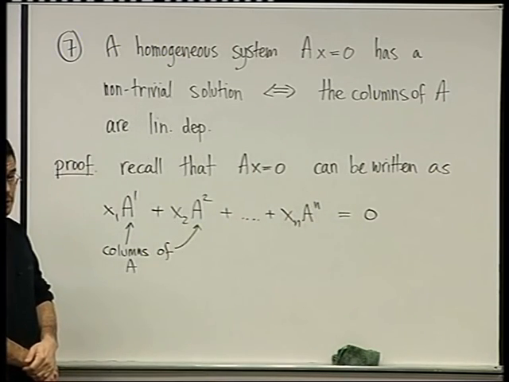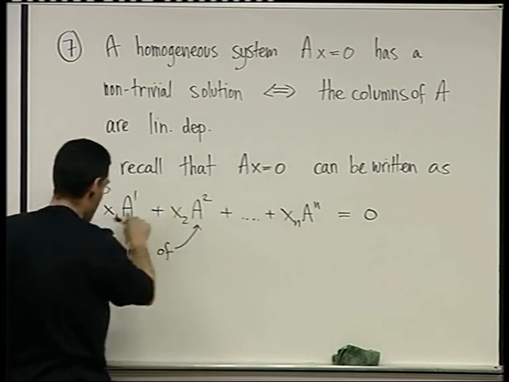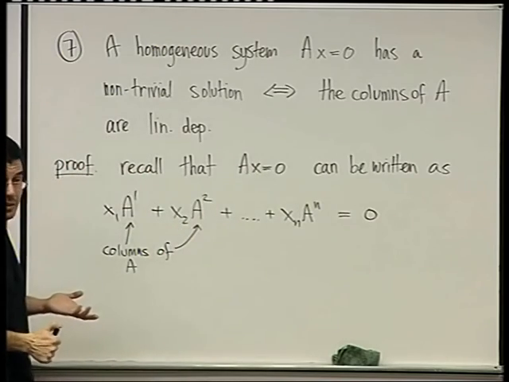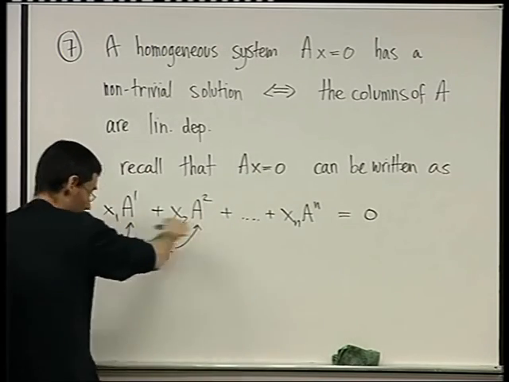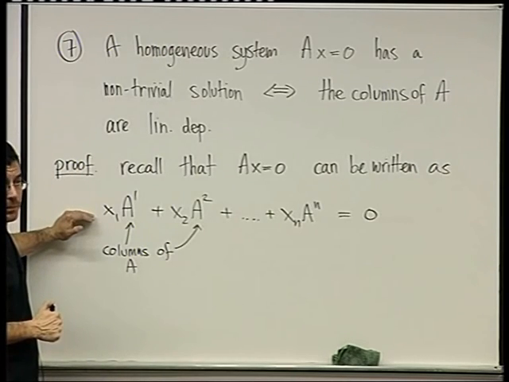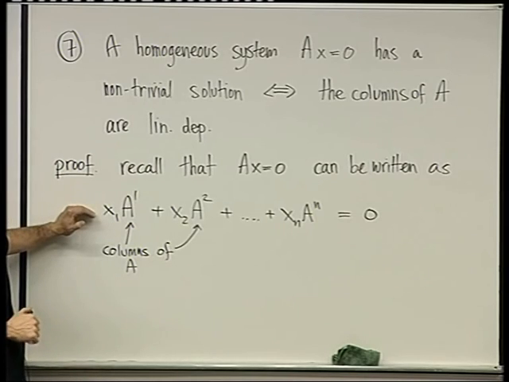Do you see that? So that's it. There's nothing more to say. Having a non-trivial solution to the system means having xi's, the components of x, not all 0, that satisfy this. But this is precisely saying that A1 through AN are linearly dependent.